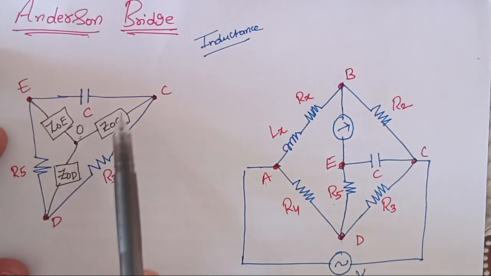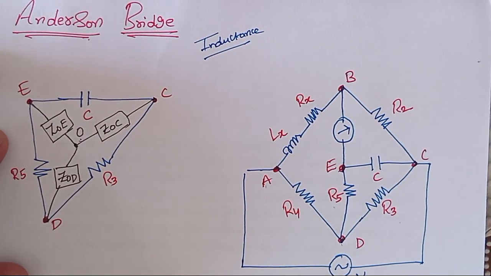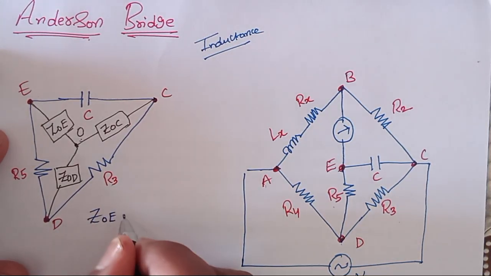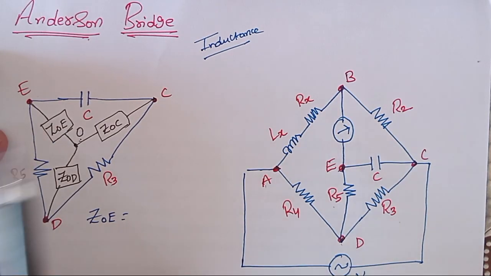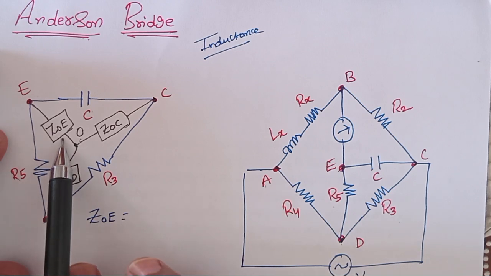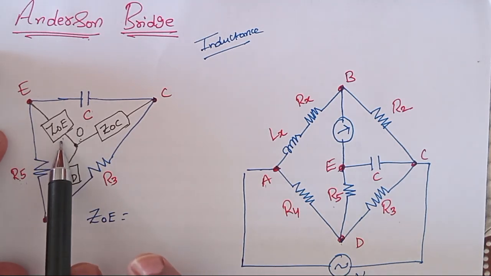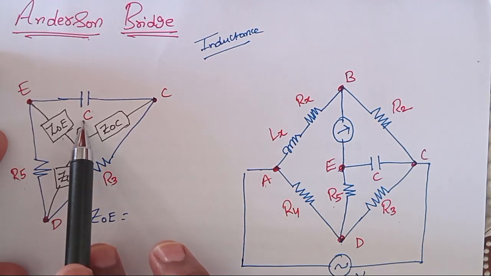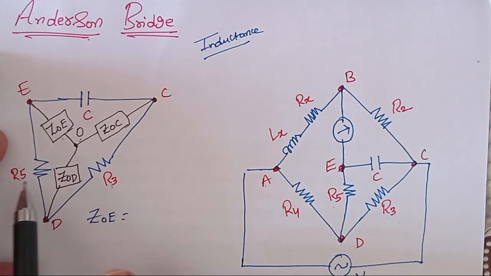So simply I'm writing the formulas for each impedance. First, ZOE is existed in between R5 and C. So ZOE equals this one into this one by the total of the components, this one plus this one plus this one.